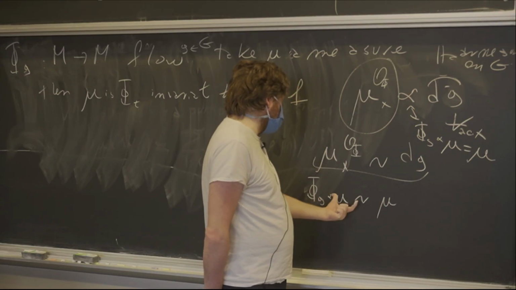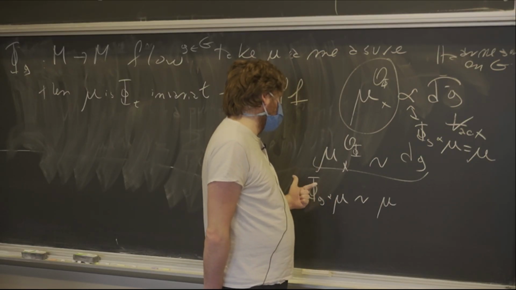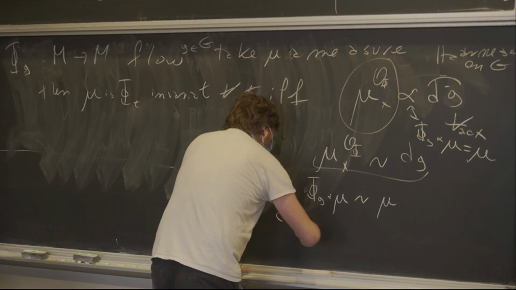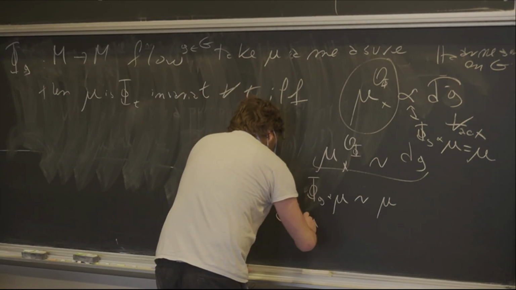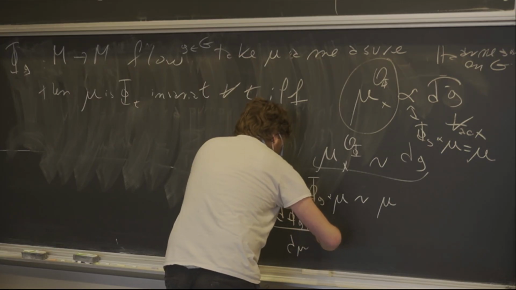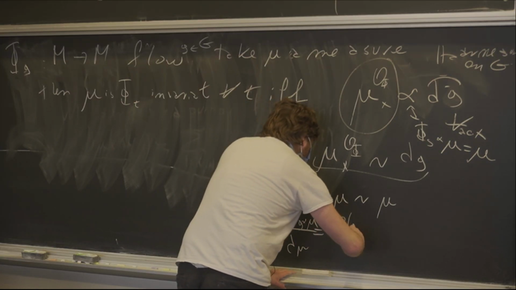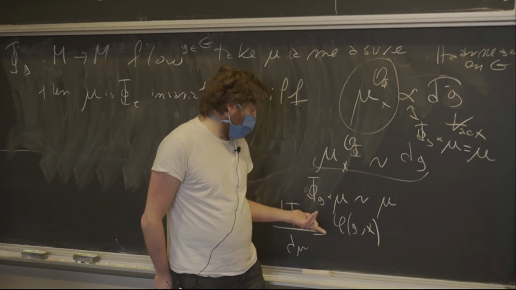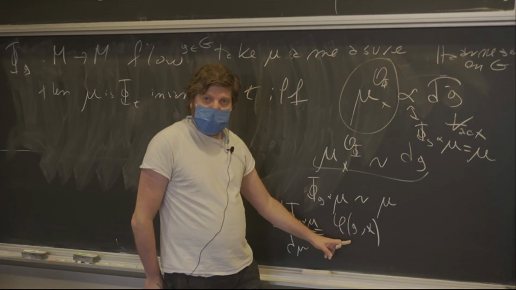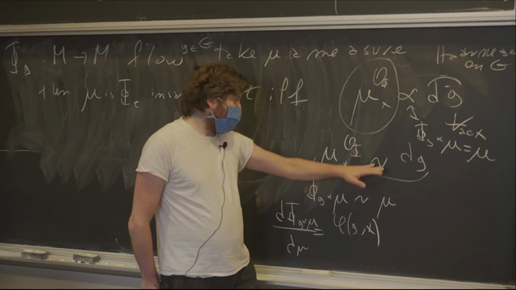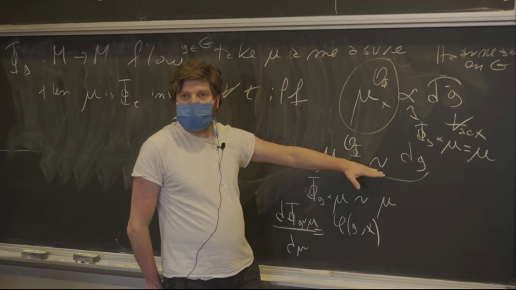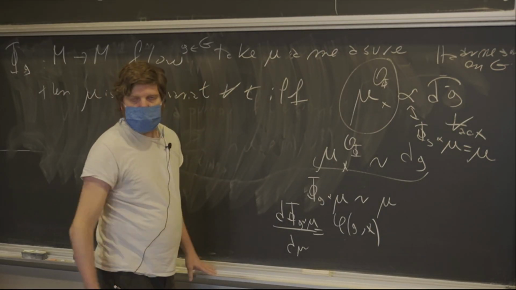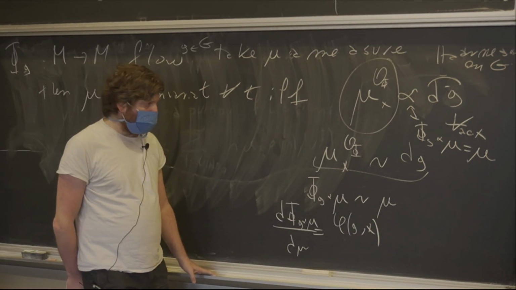And actually here you will have a Radon-Nikodym derivative. When you do d phi g mu over d mu, this is some function phi of gx. It is a cocycle, and the way it moves in the g direction is essentially this Radon-Nikodym derivative here, maybe with some adjustments, so one has to do whatever identification.